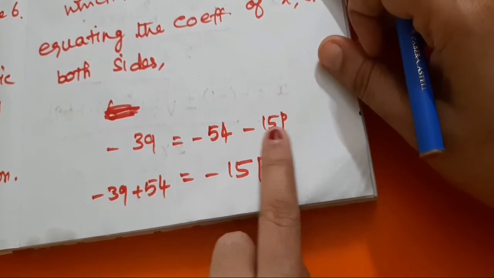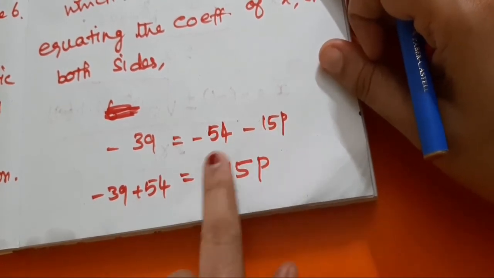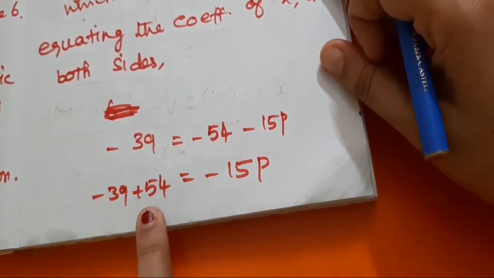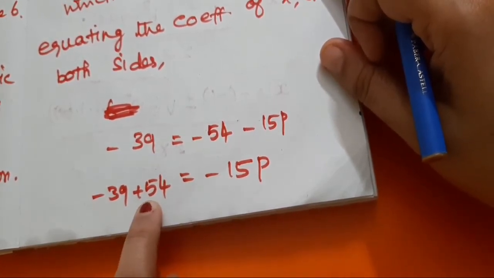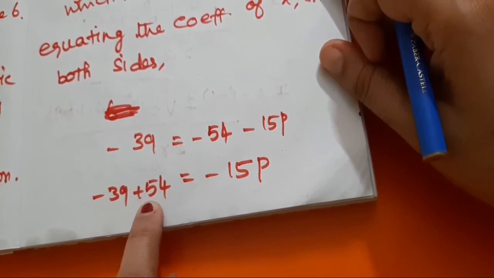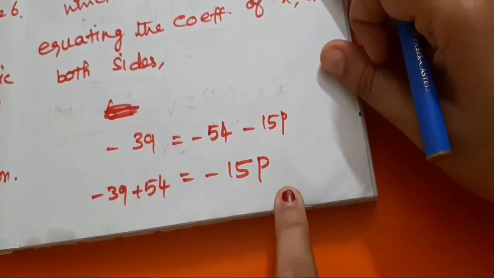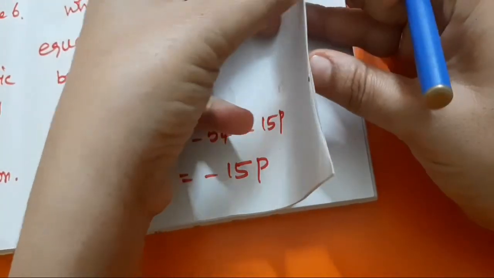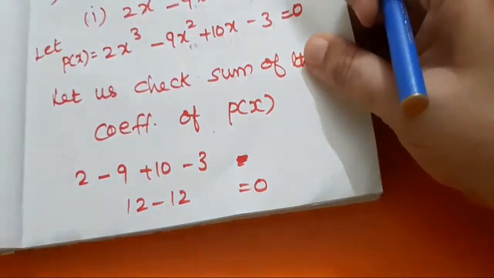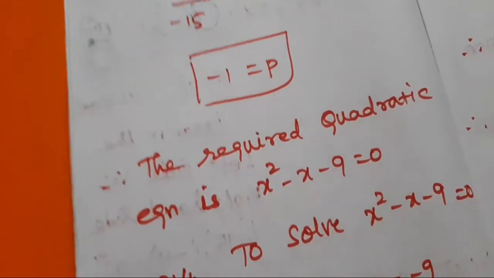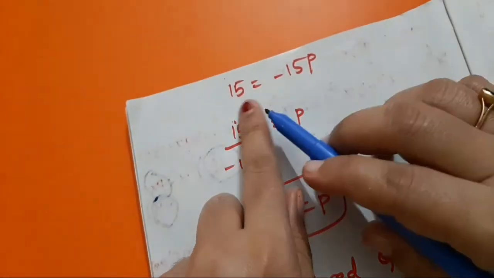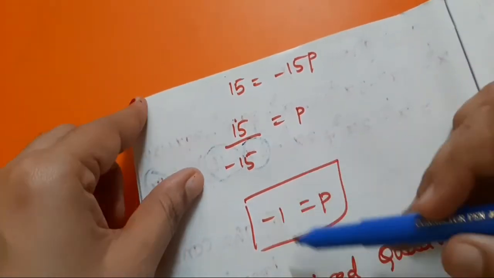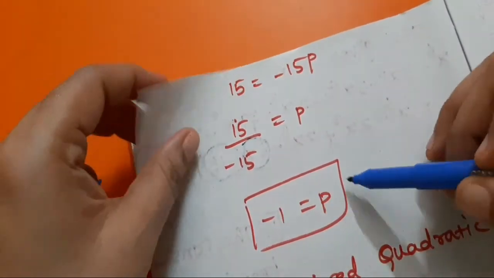So minus 39 equals minus 54 minus 15p. Now I want to take this minus 54 to the left hand side, that will be plus 54, so 15 is equal to minus 15p. So p is equal to 15 by minus 15, that will be minus 1. p is equal to minus 1.